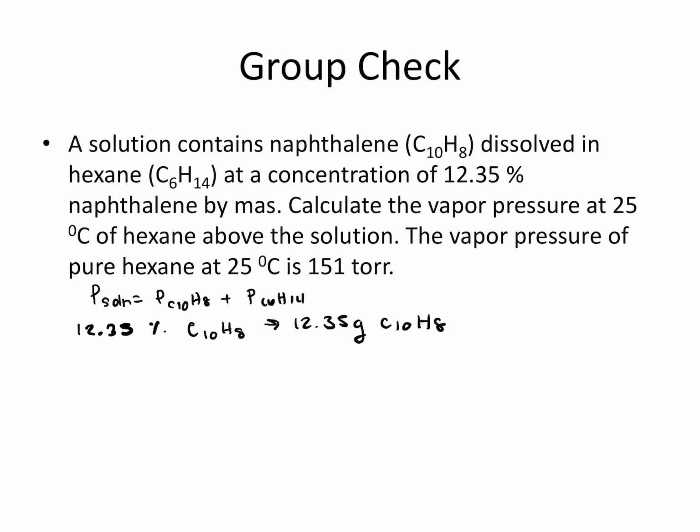You want to calculate the vapor pressure at 25 degrees Celsius of hexane above the solution. The vapor pressure of pure hexane at 25 degrees Celsius is 151 torr. So you're looking for the pressure of the solution of hexane, which means that we can use its mole fraction times its vapor pressure.